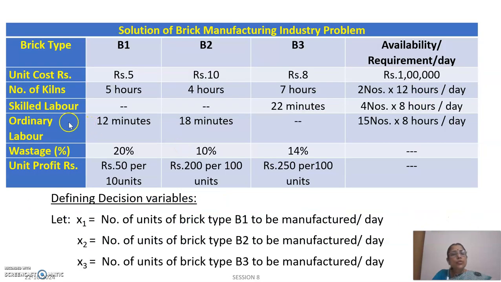So this is shown here. So for ordinary labor, the available labor is 15 laborers, and each works for 8 hours. That is given in the problem. Brick B1 requires 12 minutes of processing of 1 unit of brick by ordinary labor, and 18 minutes of processing of 1 unit of brick B2 by ordinary labor.